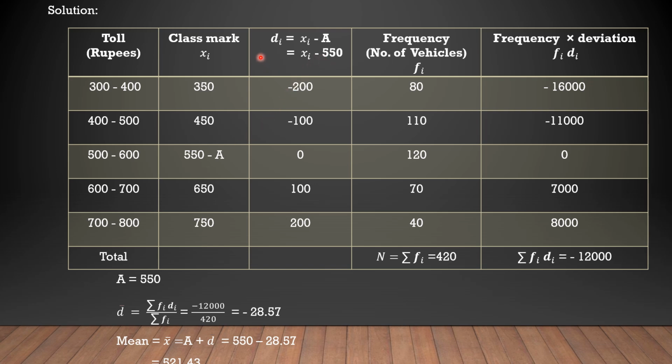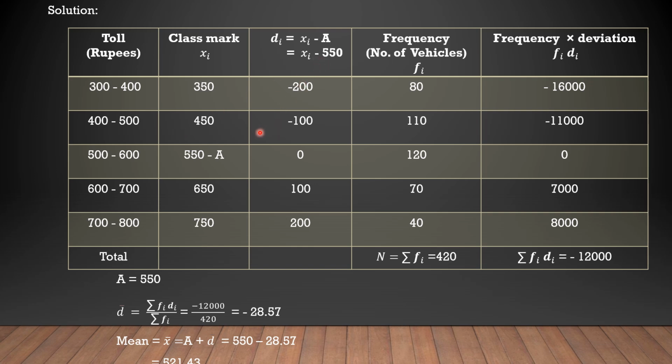Then we calculate value of di. So in first, di is equal to xi minus A. So xi is 350 and A is 550. So 350 minus 550 is equal to minus 200. 350 is smaller than 550, so the answer is negative. So the value of di is minus 200. Then here xi is 450. So 450 minus 550.